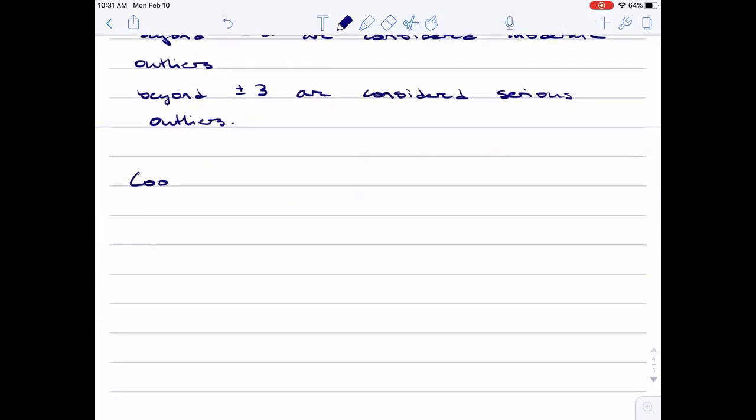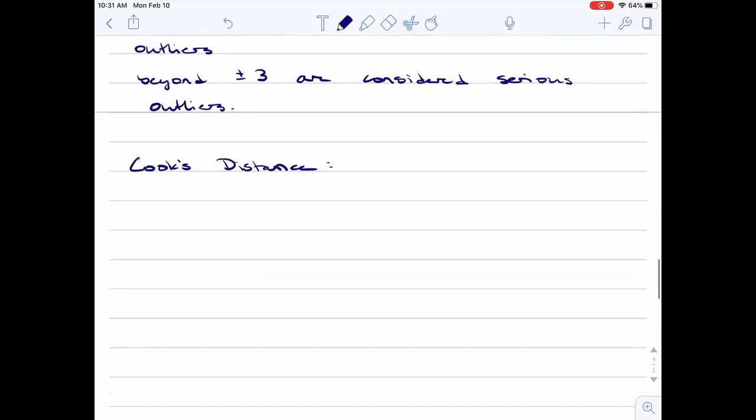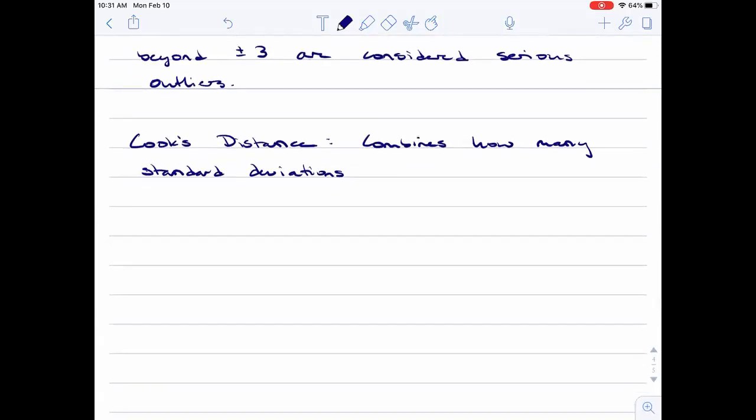So Cook's distance combines how many standard deviations a point is away from zero.